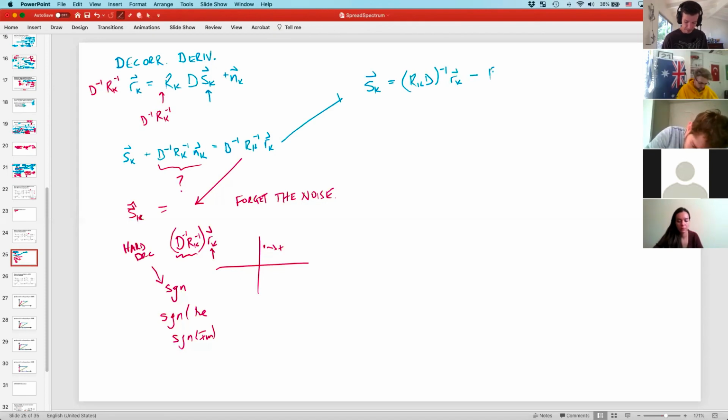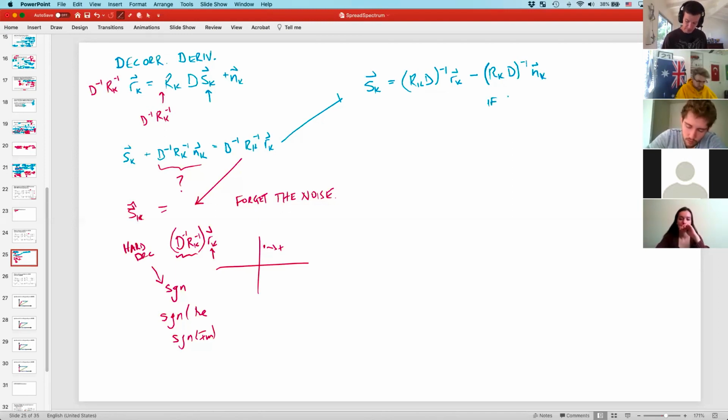minus R_k D inverse times the noise. So my question is, what happens if there is a small eigenvalue of R_k?